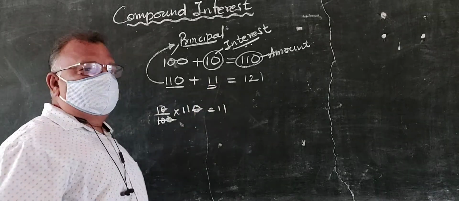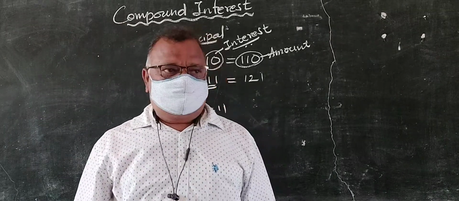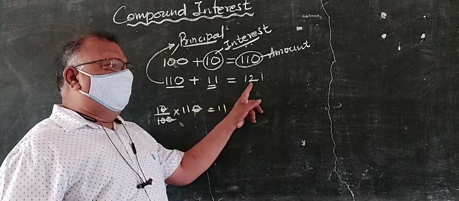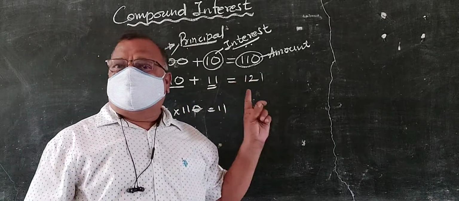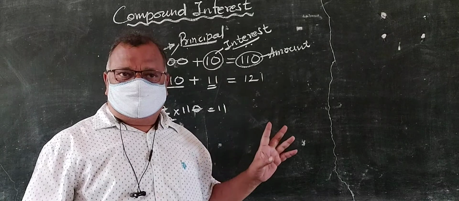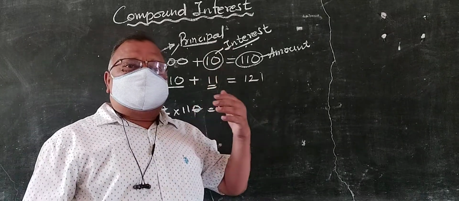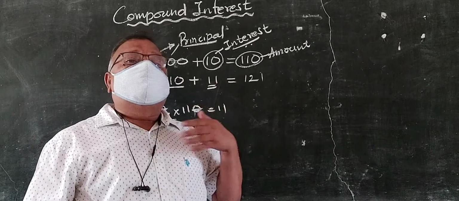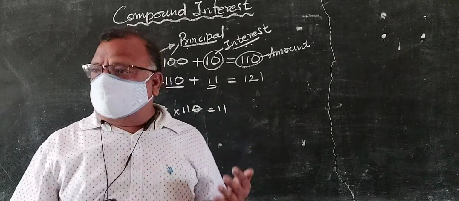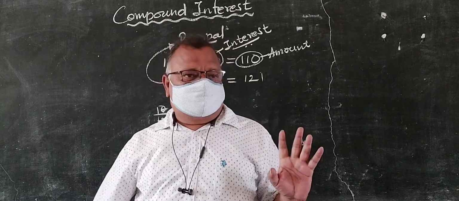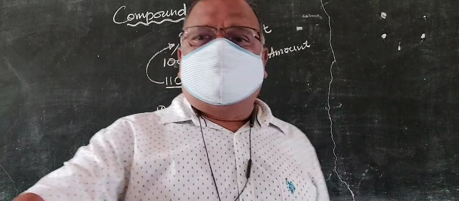So 11 rupees is the interest for the second year, and the total amount which you will receive at the end of 2 years is 121. So in this, interest is calculated on interest, and this method of calculating interest is called compound interest. So we are going to study about compound interest.